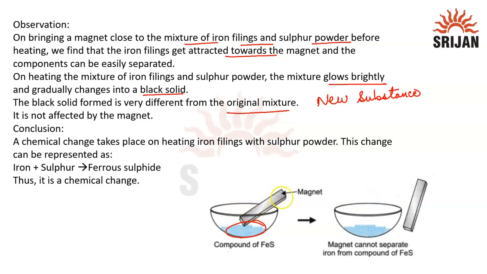That substance will not get attracted to the magnet, meaning it has entirely new properties, or its chemical composition has changed. So we can conclude that a chemical change has taken place on heating iron filings with sulfur powder, and we can represent it as iron plus sulfur gives ferrous sulfide. So this is a chemical change. With the help of these activities, we have understood what we mean by a chemical change.